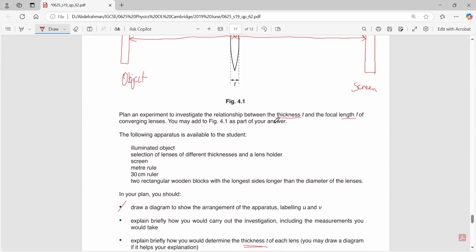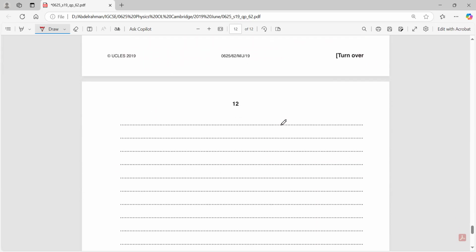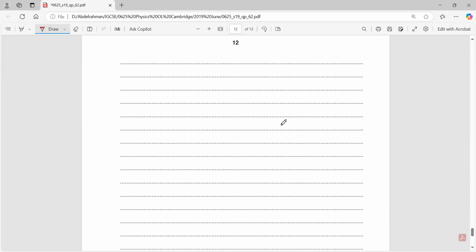Now we need to write it down. First of all, what is the variable that you are changing? The range of values: the thickness of the lens.